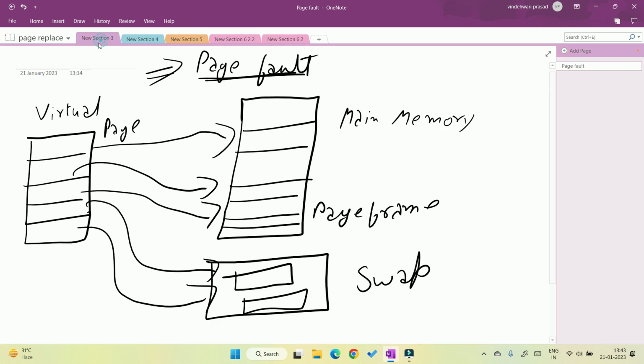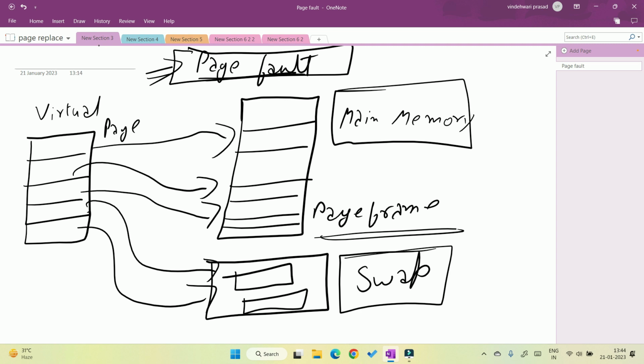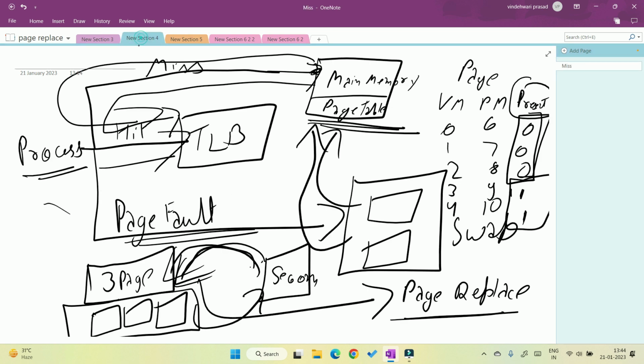Page fault is basically a condition where main memory does not have a place to map all the pages to the page frames, so some of the pages are present in the secondary memory, which is called swap. When the process needs any page, first it checks in the TLB, and if it is present, it is called a TLB hit.